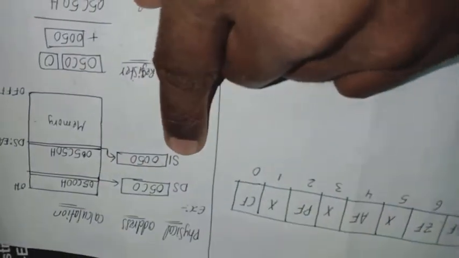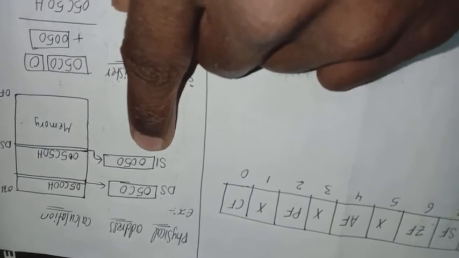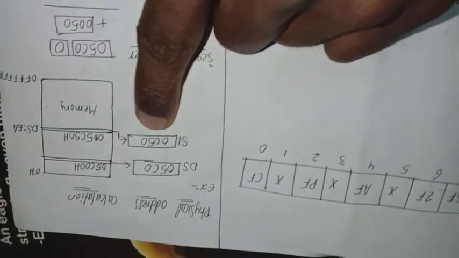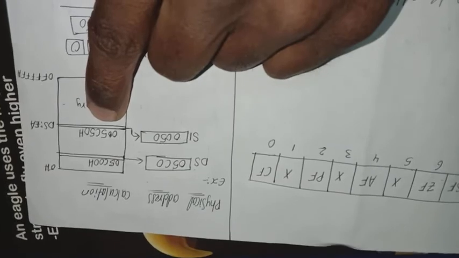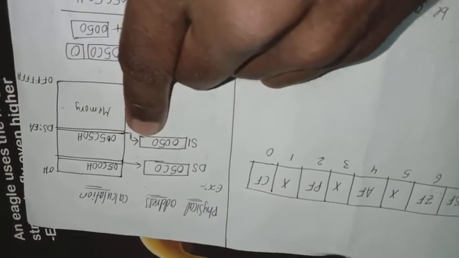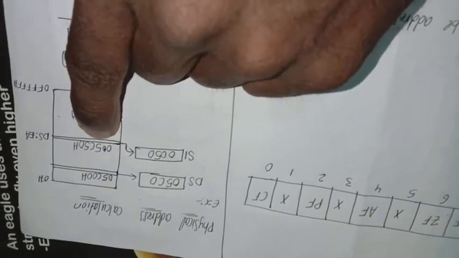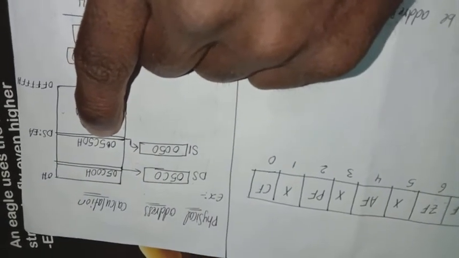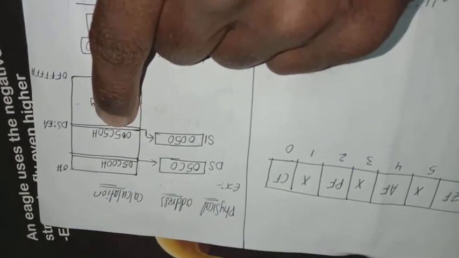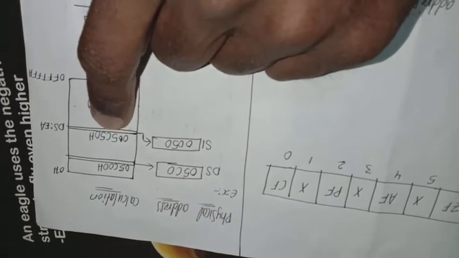And SI stores the index or the offset address, meaning the data we have to read or write is there, and its address is 05C50H.